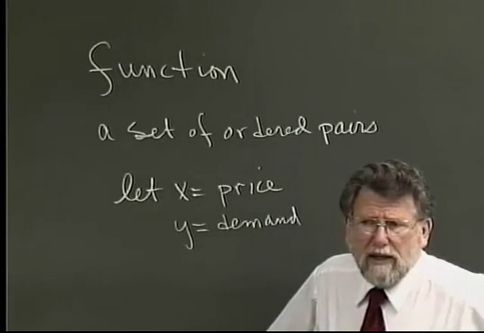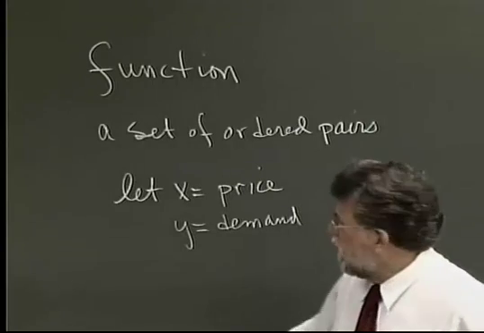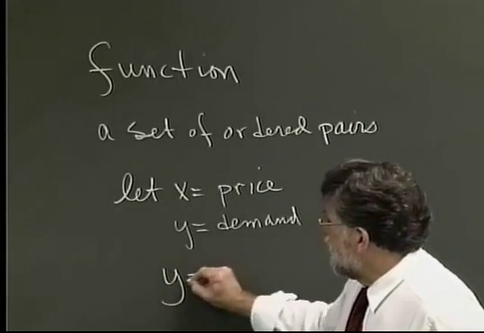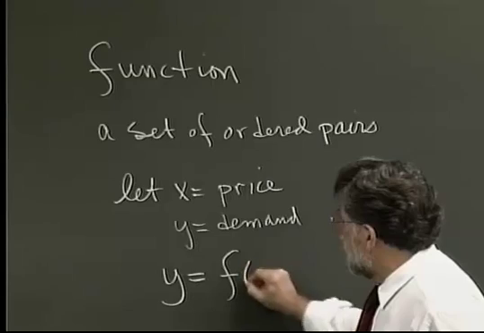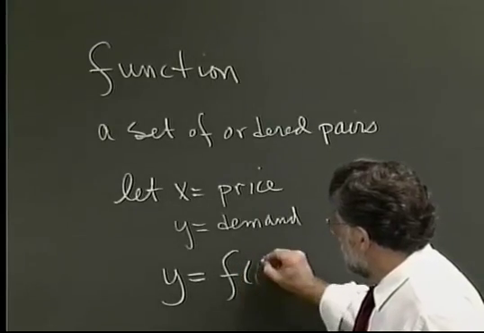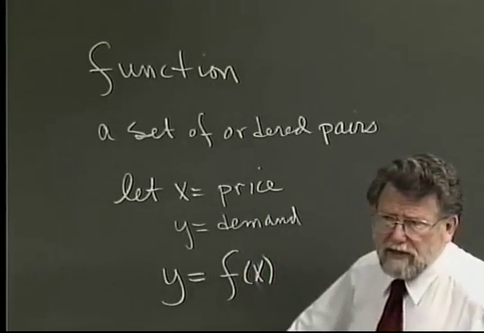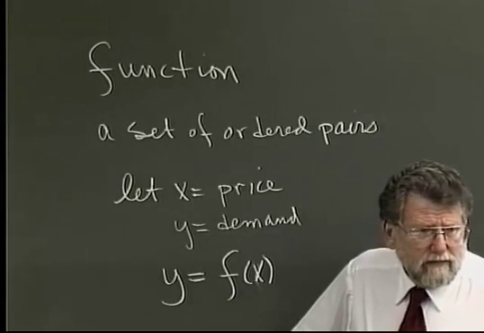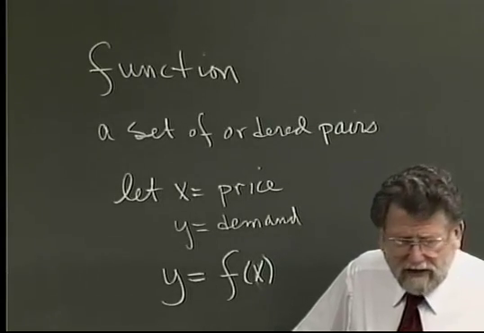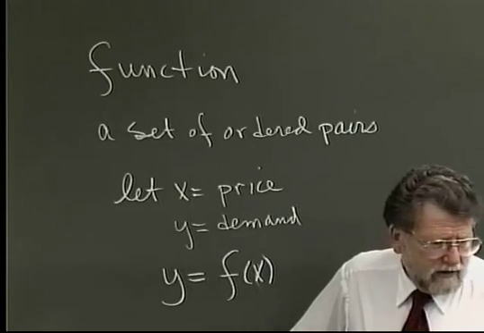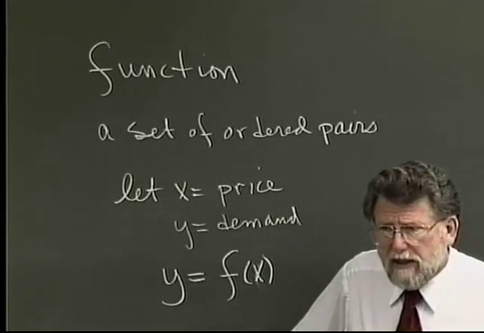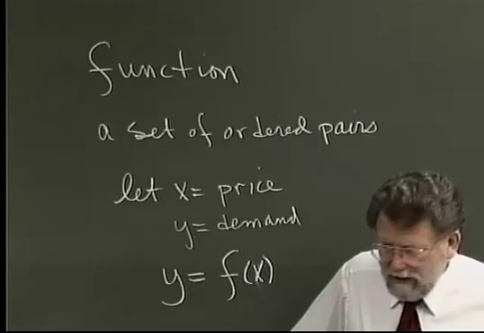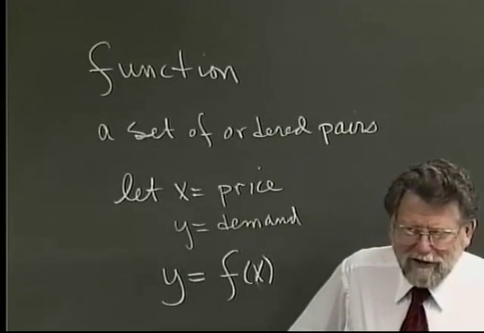When I say that demand is a function of price, I can say y equals f of x. And that's the notation. Y equals f of x. You're going to find this notation used throughout mathematics. So a function is not a word that is taken lightly here.